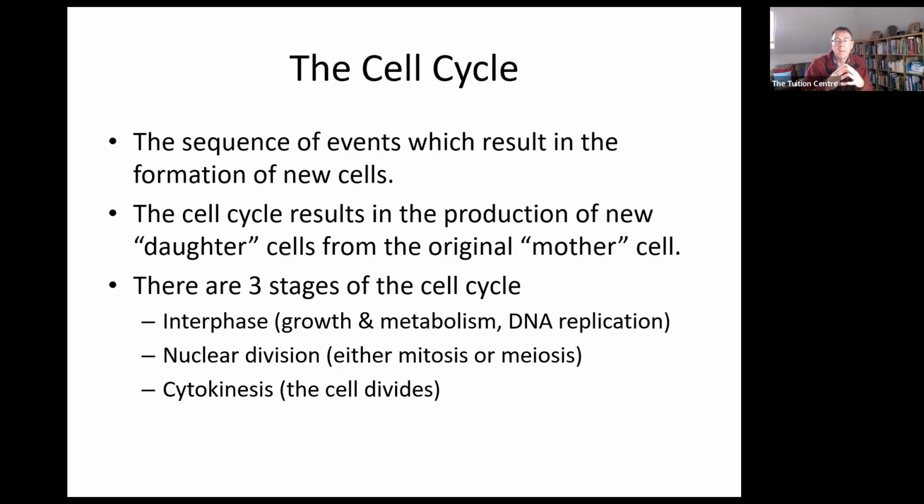Before it can split in two, though, because there's a nucleus involved in these eukaryotic cells that we're talking about the cell cycle of, the nuclei need to split in two first of all. So if you're going to split the nucleus and share it between 2 new cells, well, surely that would mean that the amount of DNA is going to have to get split.